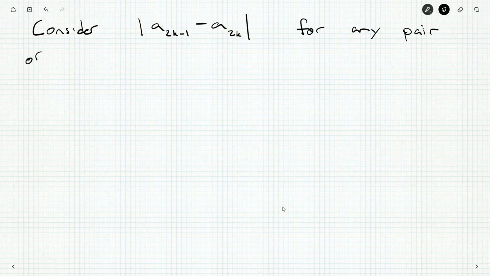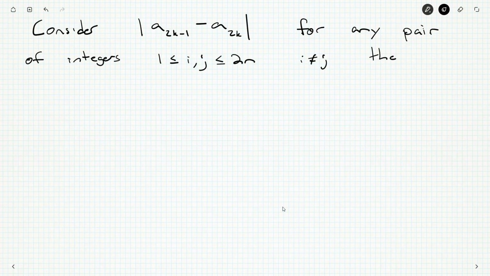So for any pair of integers, 1 less than or equal to i, j, and less than or equal to 2n with i not equal to j, there is some permutation. In fact, there's a bunch of permutations that take i to 2k minus 1 and j to 2k.